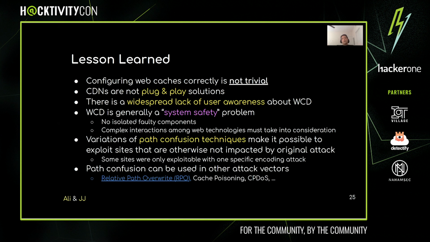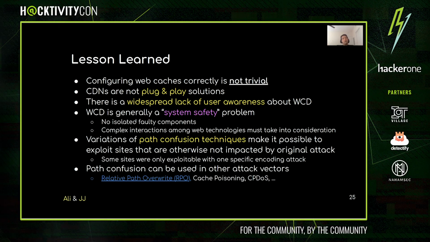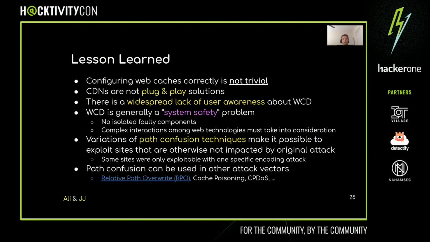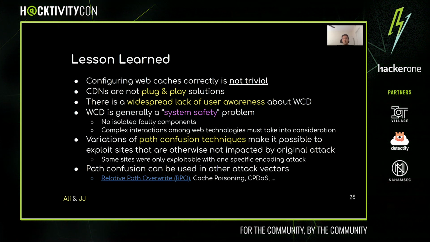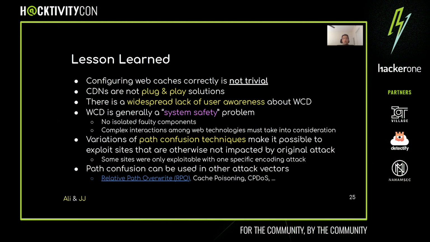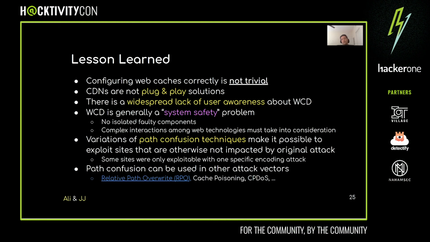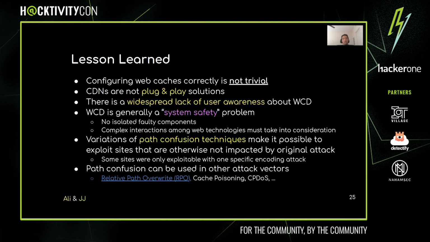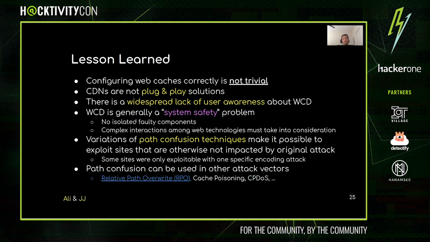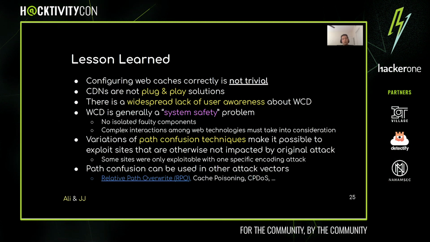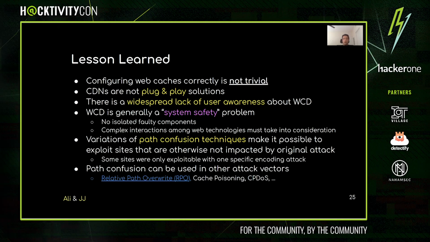And at the end, path confusion can be used in other attack vectors. In 2018, we showed that relative path override, RPO, path confusion can also apply in these attack techniques and increase the chance of exploitability. Path confusion can apply to caching, to cache poisoning or CPDoS, and other attacks.